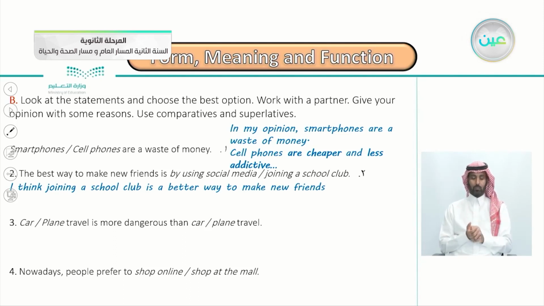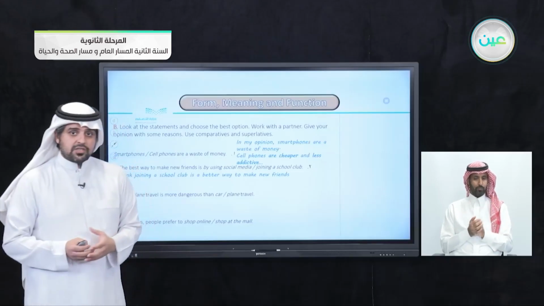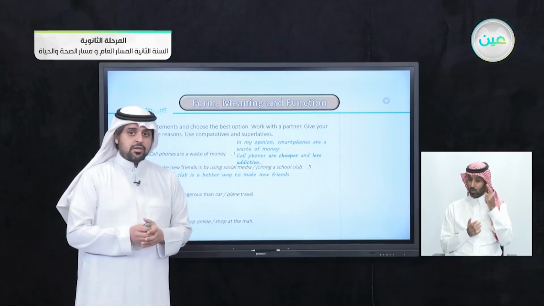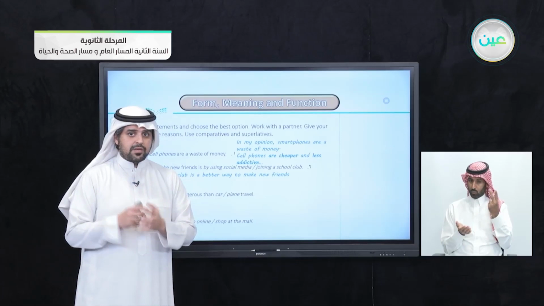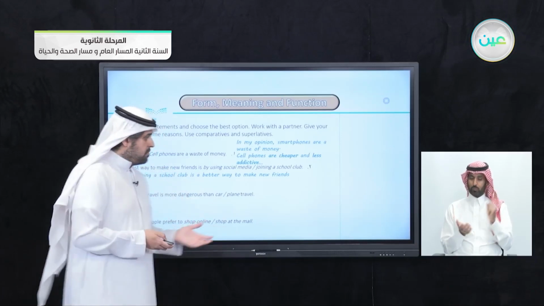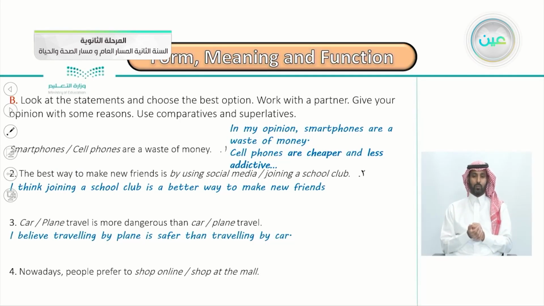Again, you say, I think joining a school club is a better way to make new friends. Number 3, car or plane travel is more dangerous than car or plane travel. So which is more dangerous to you? And remember to use the comparative here because we're comparing two things. Yes, you say, I believe traveling by plane is safer, from the adjective safe, than traveling by car.